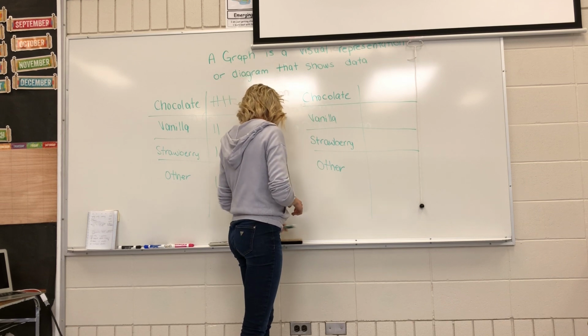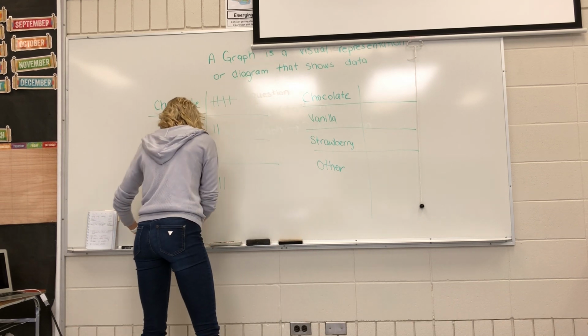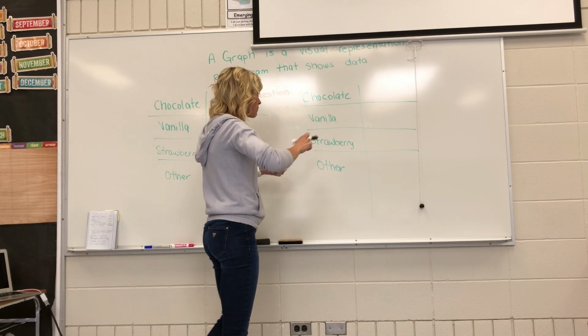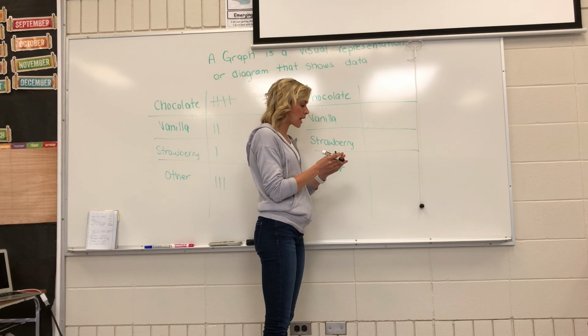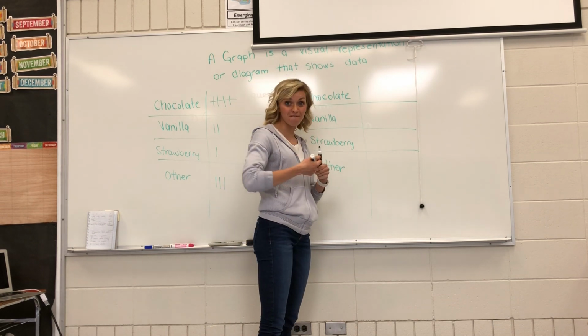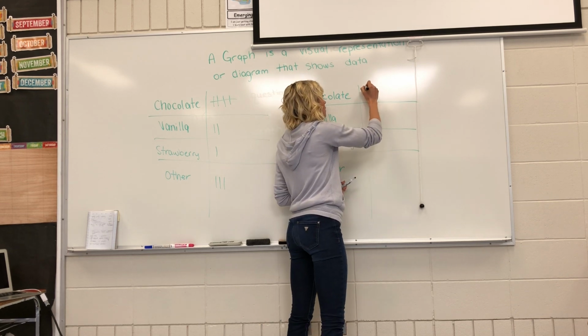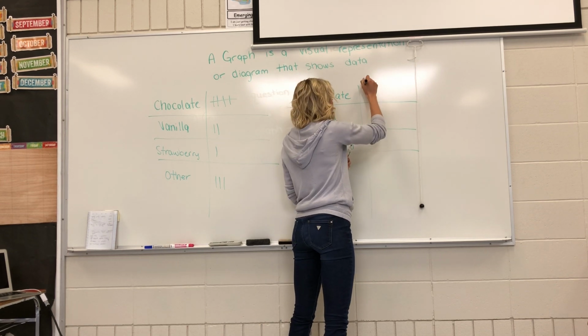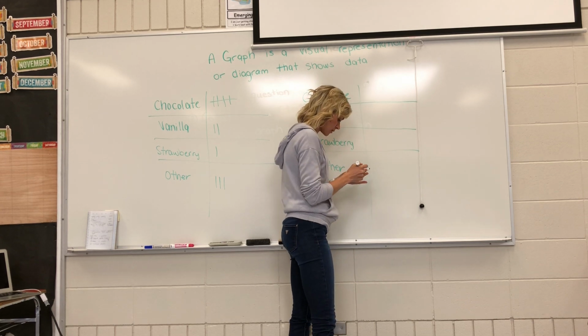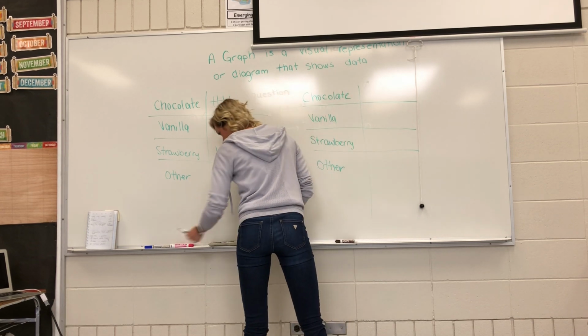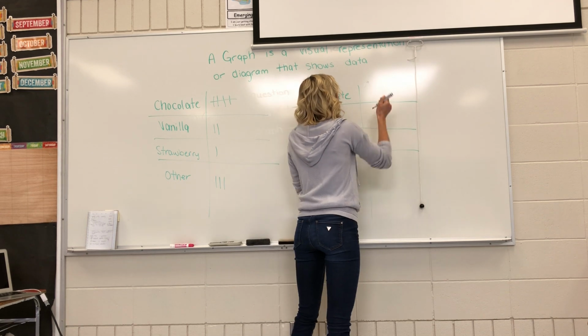So for chocolate ice cream, I will use my brown, and I will draw, I had 5 people in my family who liked chocolate. I would draw, oh, the brown doesn't work very well. I'll have to pick a different color for chocolate. Let's do blue.